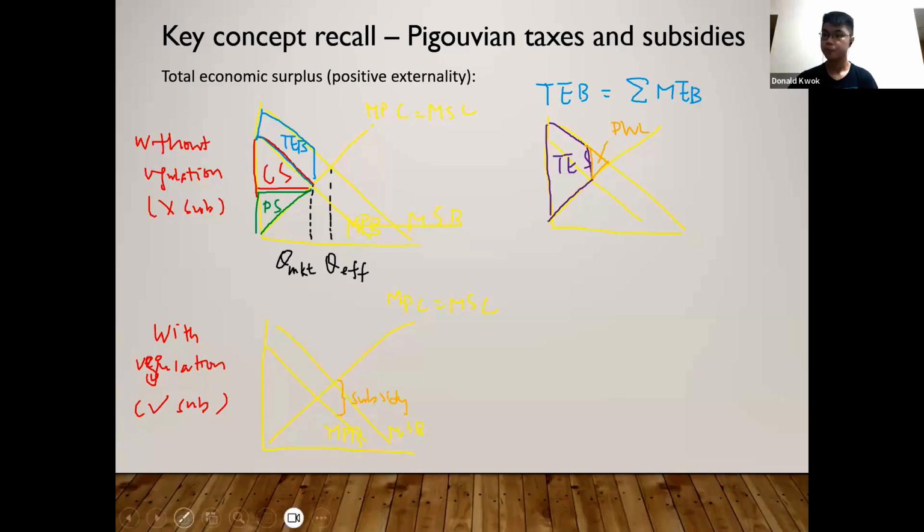So what would be the area of consumer surplus in this case? It will be the area under the private benefit curve until the price paid by buyers. Producer surplus is the area constrained by the marginal private cost curve until the price received by sellers.